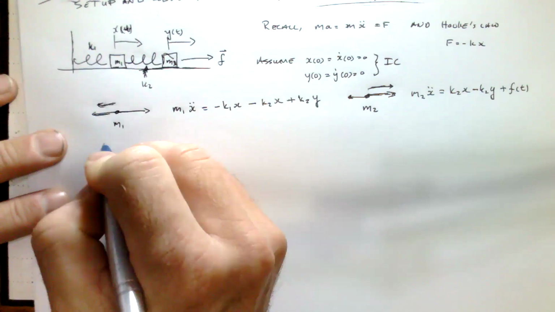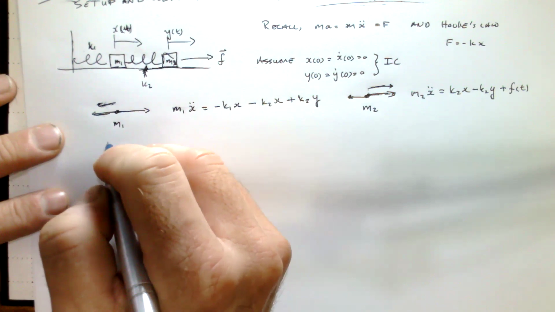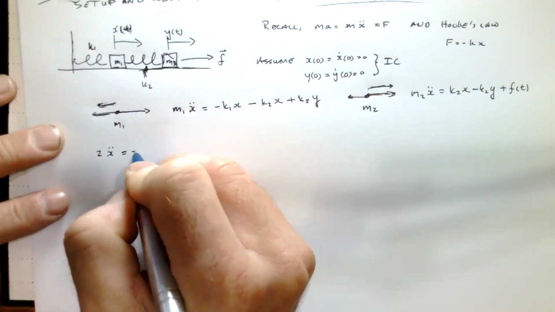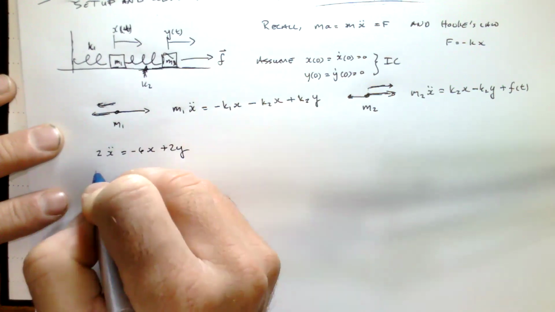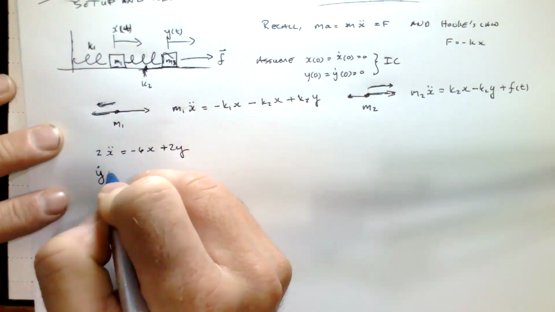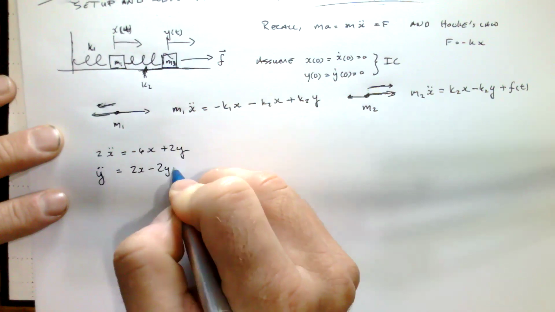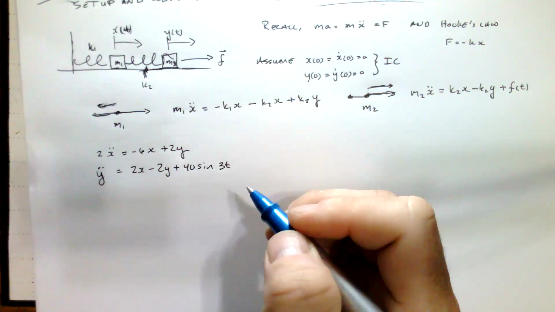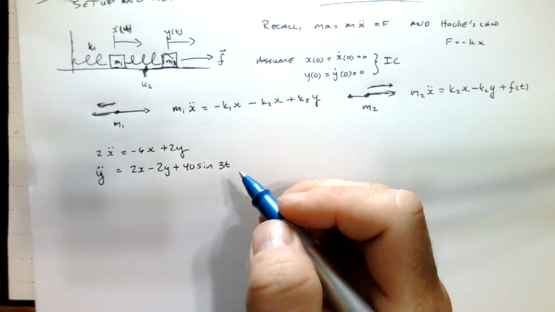Applying M1, we get 2x double dot equals negative 6x plus 2y, and y double dot is equal to 2x minus 2y plus 40 sine 3t. Let's compute the Laplace transforms of each of these.